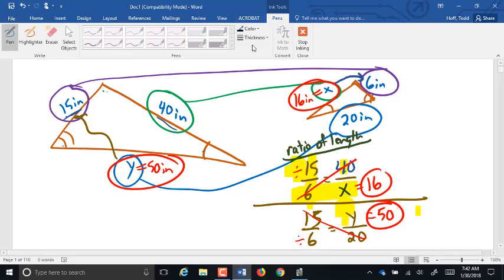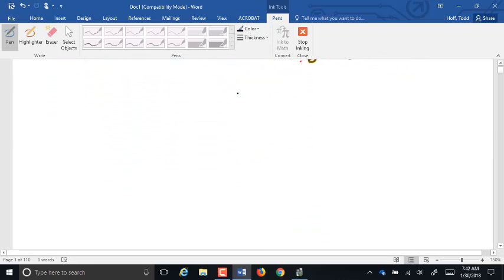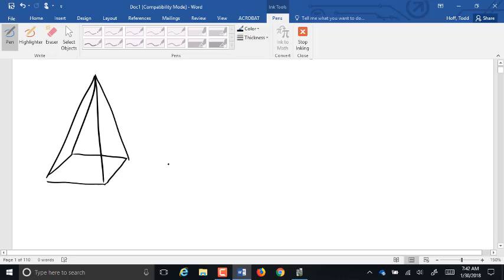Corresponding figures or similar figures do not have to be just two-dimensional. I can take a three-dimensional figure and enlarge it and still get similar ratios of sides. So let's assume that these are similar figures.